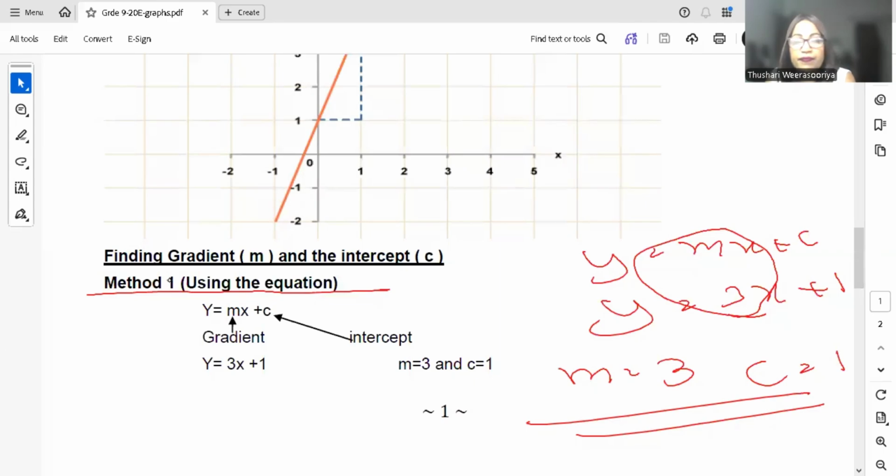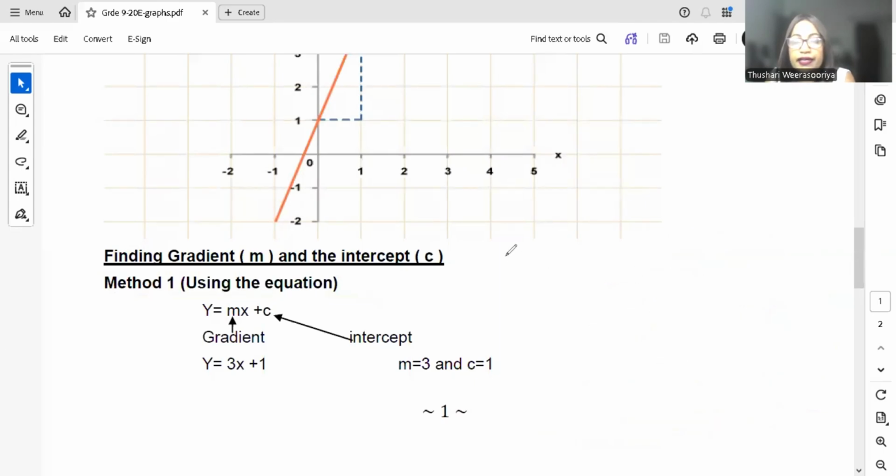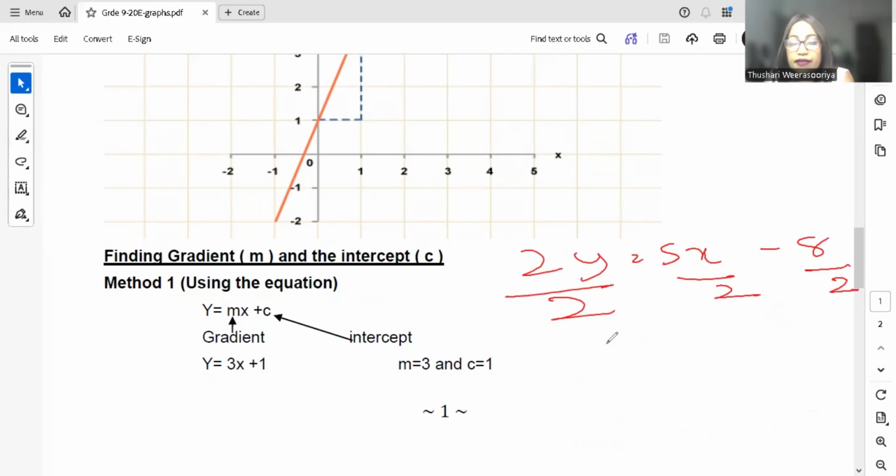Another example. We'll take 2y equals 5x minus 8. What is m and c? Here you have to make y the subject. I don't want 2y, I want only 1y. Then we divide both sides, all the numbers, by 2. Then 2 will be removed. Then y equals 5 over 2 x minus 4.